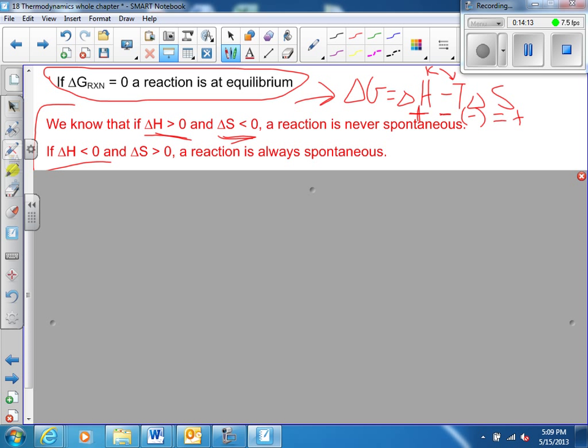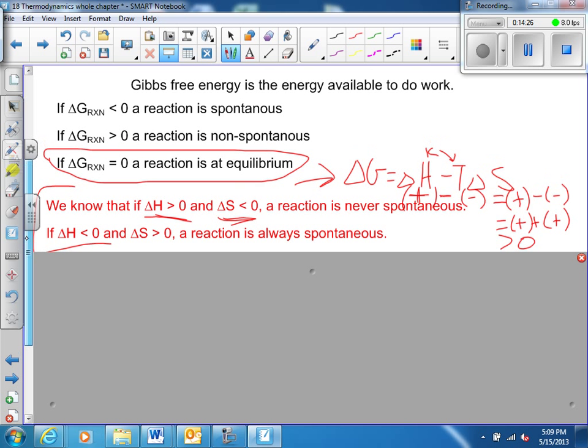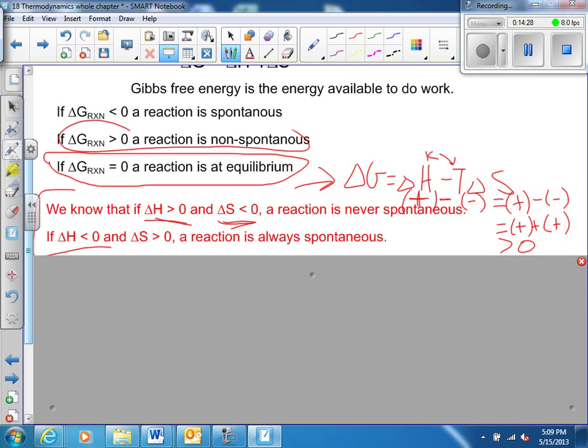A positive minus a negative is equal to a positive plus a positive, which is always greater than 0. Non-spontaneous. The reaction is never spontaneous.